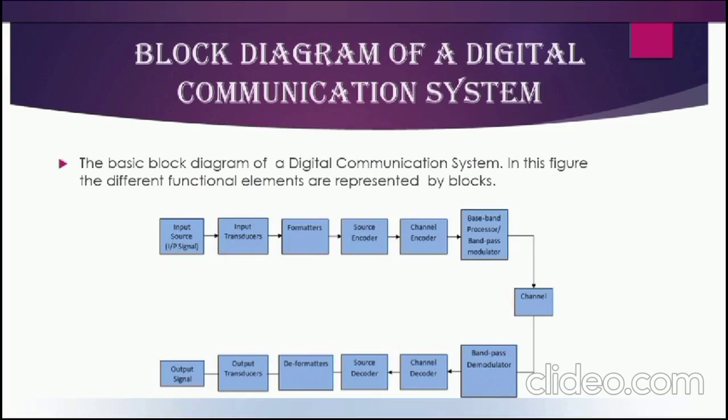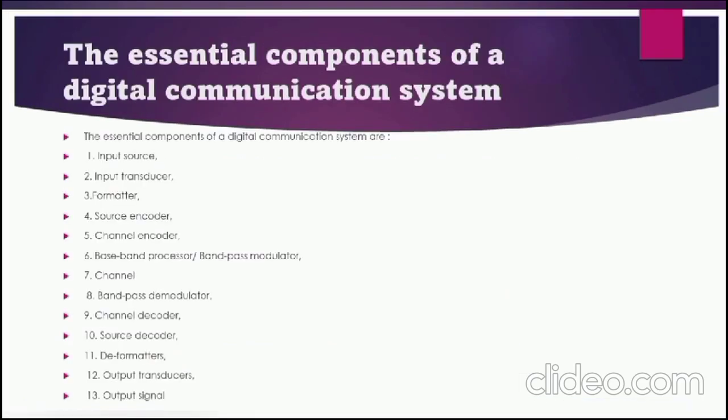In the figure, the different functional elements are represented by the blocks shown. The essential components of a digital communication system are: first, input source. Second, input transducer. Third, formatter. Fourth, source encoder. Fifth, channel encoder.